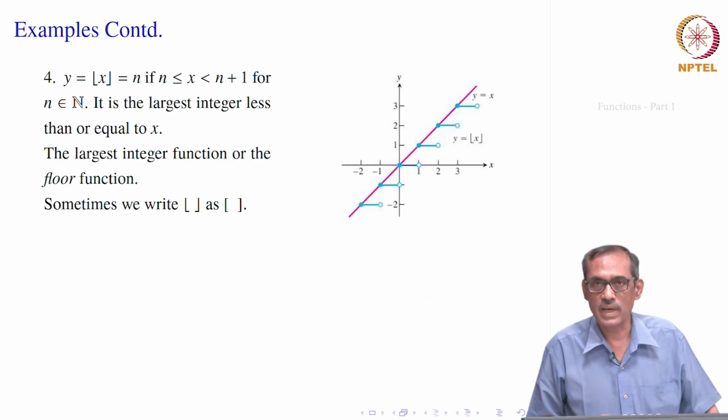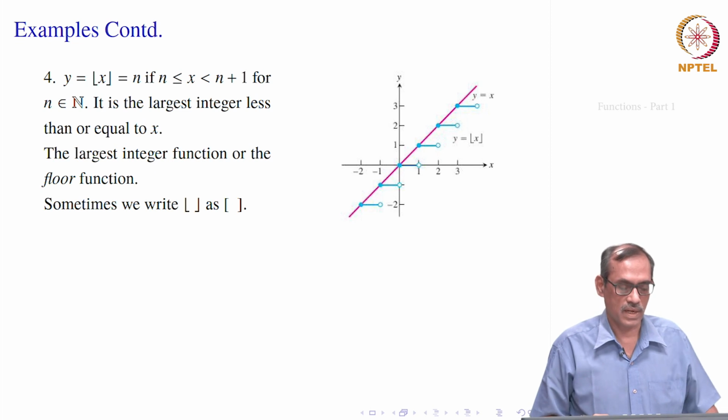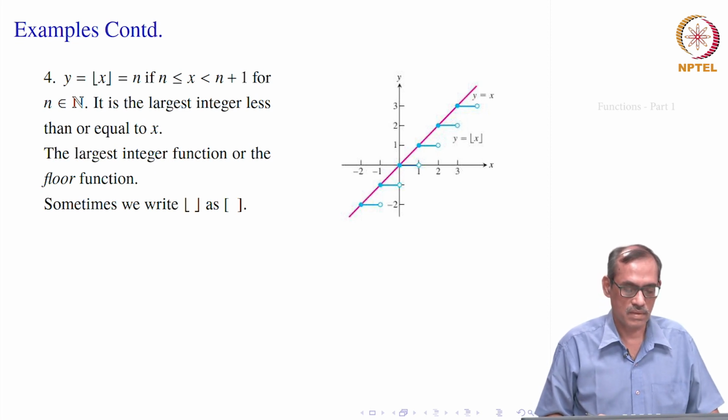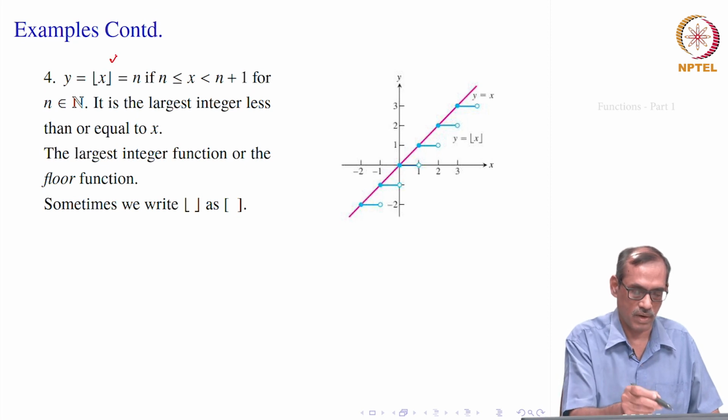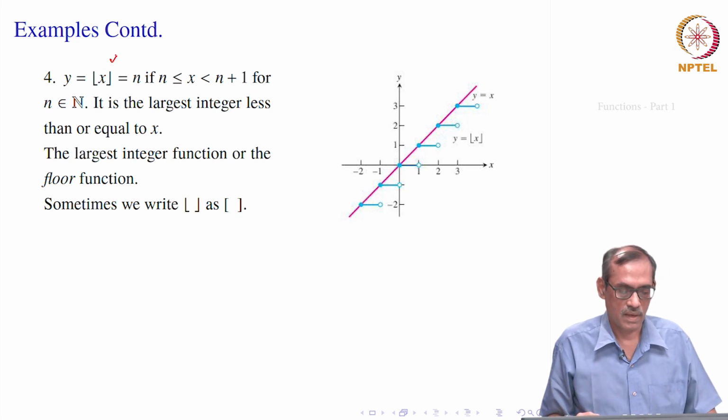I will give some more examples slowly. So let us take y equal to floor of x. This symbol is read as floor of x. By definition it is taken as n, an integer, if n is less than or equal to x is less than n plus 1.